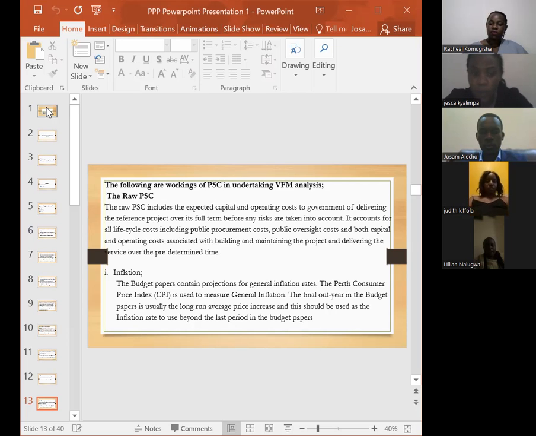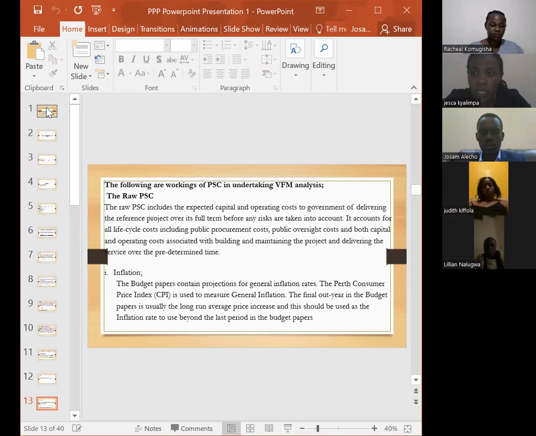The raw public sector comparator includes the expected capital and operating costs to the government of delivering the reference project over its full time before any risks are taken into account. The public sector comparator should be checked against the service specifications to ensure that the whole life cycle costs of the government delivering the services to the prescribed standards are included.